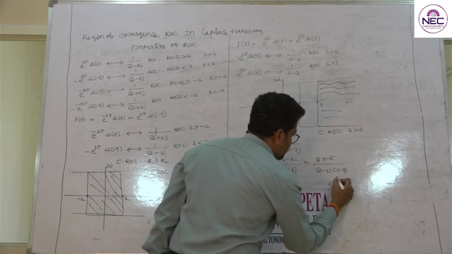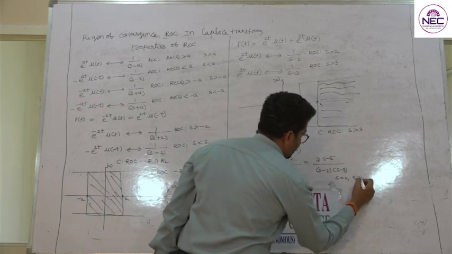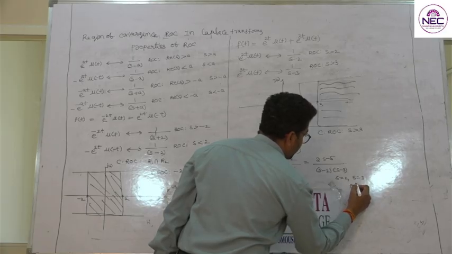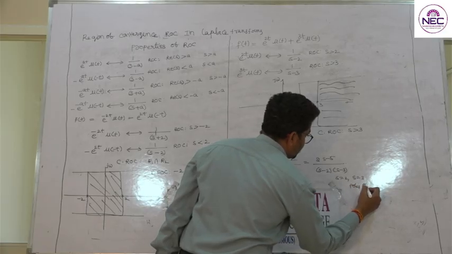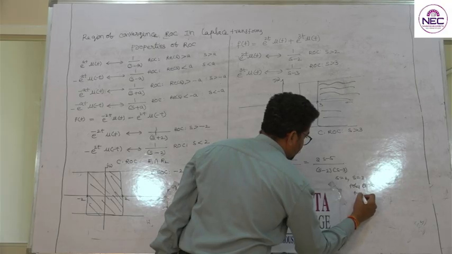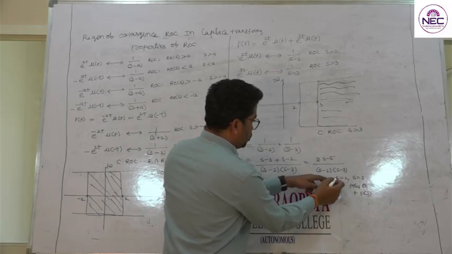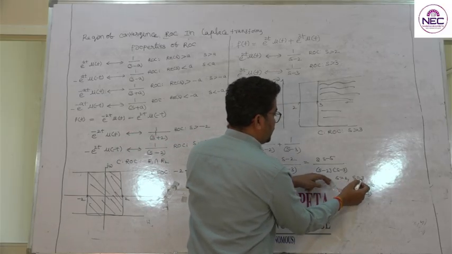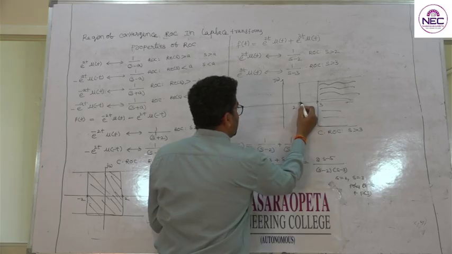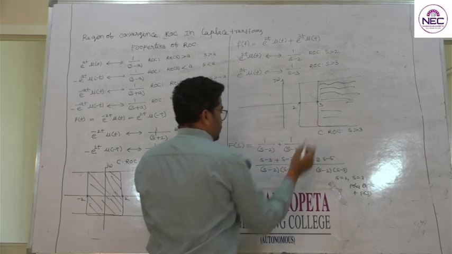Okay, here s is equal to 2 and s is equal to 3 are the poles of the function f of s. s is equal to 2 is one pole and s is equal to 3 is another pole.